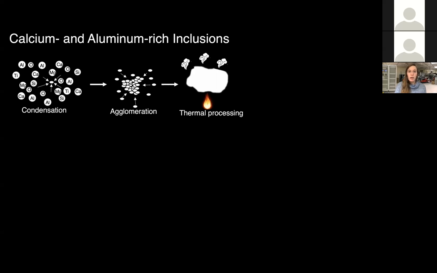Also, these CAIs can go through a process like evaporation, where some of the constituents might evaporate away because the CAI was heated. Just for reference, this sort of CAI, which is just an agglomeration of condensate materials, is called a fluffy type A or a compact type A. Fluffy because its shape is very irregular.